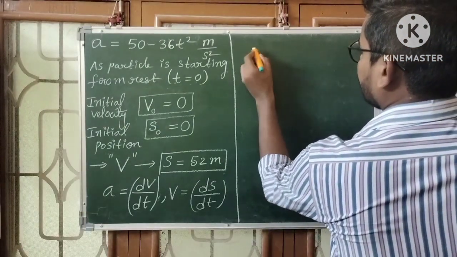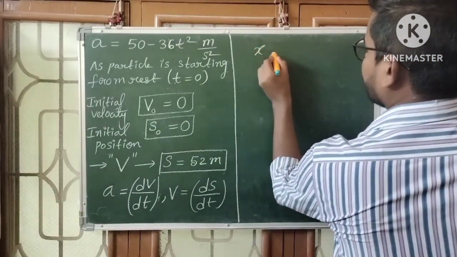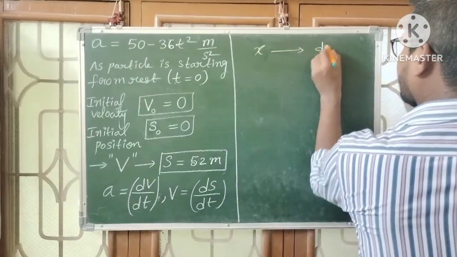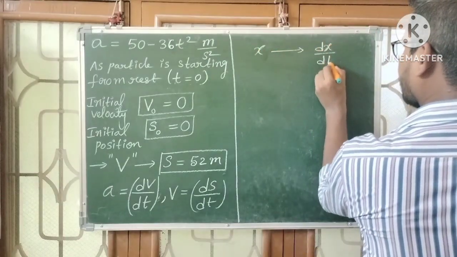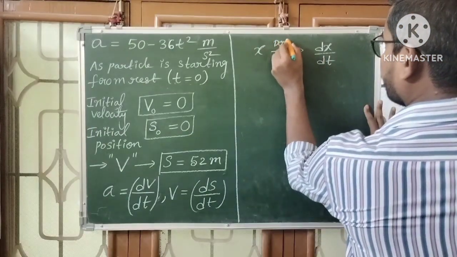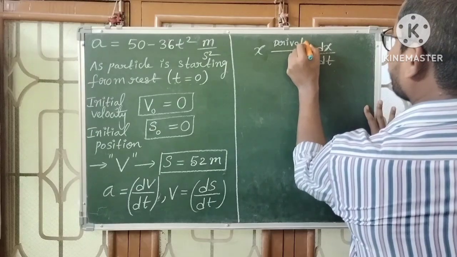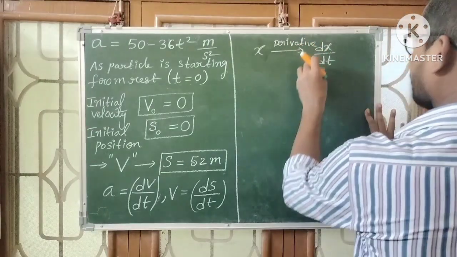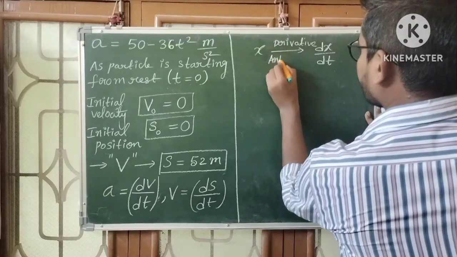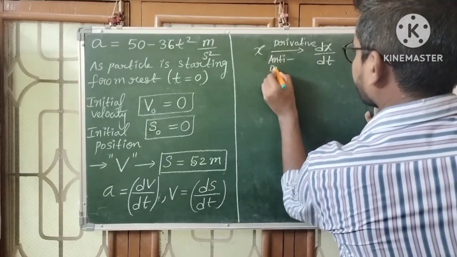Suppose the derivative of x with respect to t is dx/dt. So this is the derivative. And what about the antiderivative? The antiderivative means the reverse process of the derivative. The antiderivative is also known as integration.